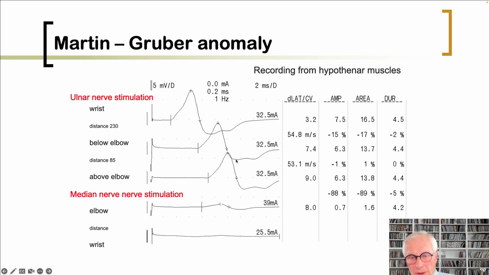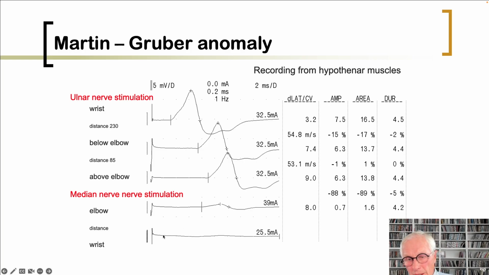Now we keep the recording electrode still over the abductor digiti minimi, but now we stimulate the median nerve. And here we stimulate it at the elbow. And you see we get a small response from the hypothenar eminence here. It's 0.7 millivolts in amplitude.